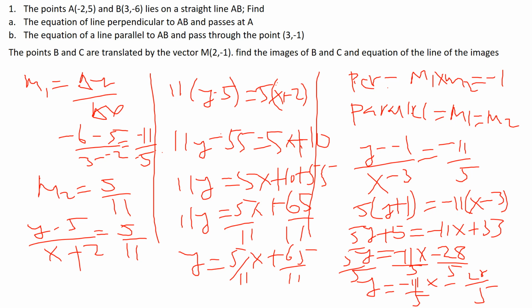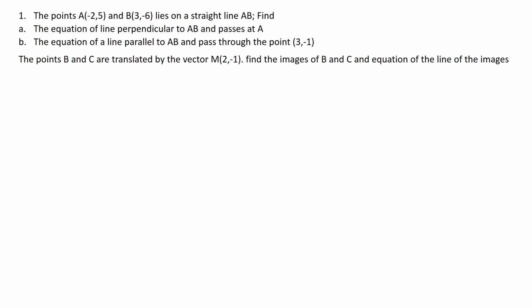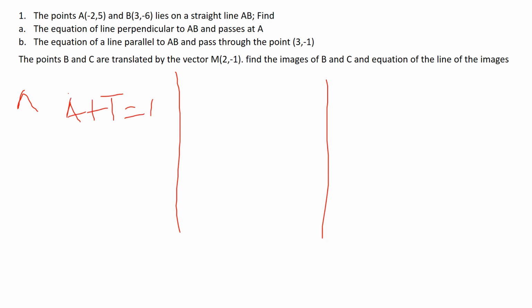Then we can calculate the point for part B, the translation. What we know is that if you take the object, the object added to its translation will always give us the image.